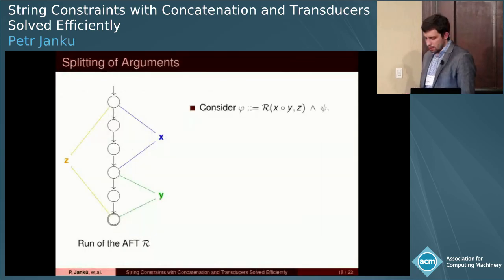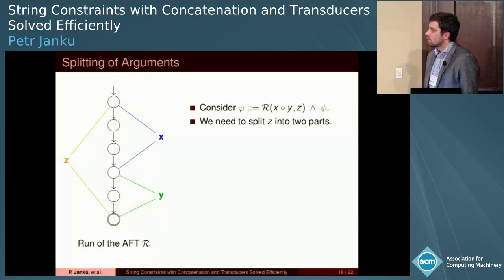Okay, let us consider a formula that contains one rational constraint R and one run of the transducer R. We need to split the variable Z into two parts, where each part of the variable Z always corresponds to one of the variables x and y.